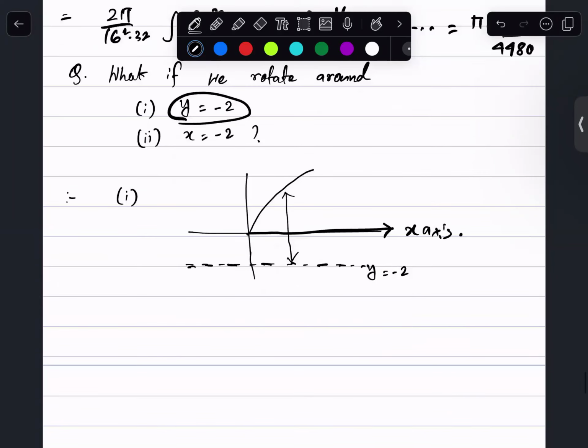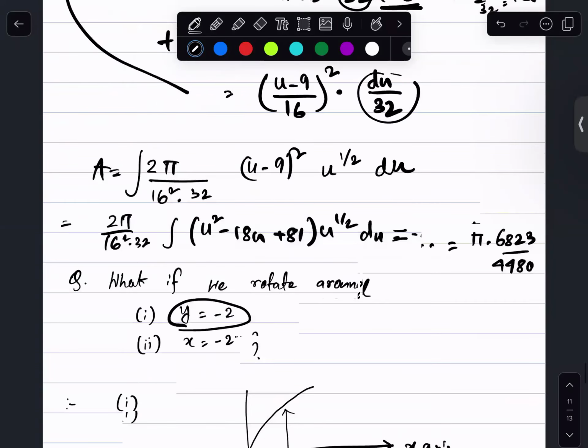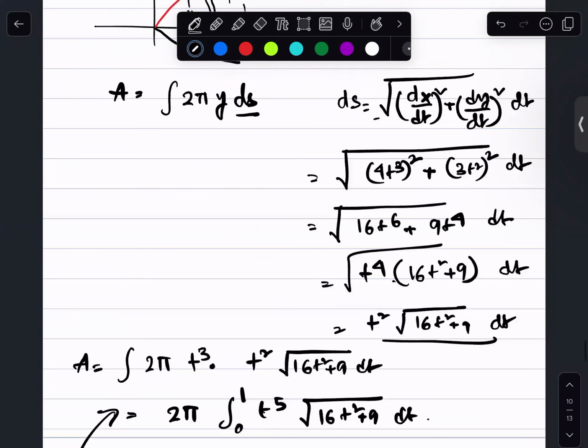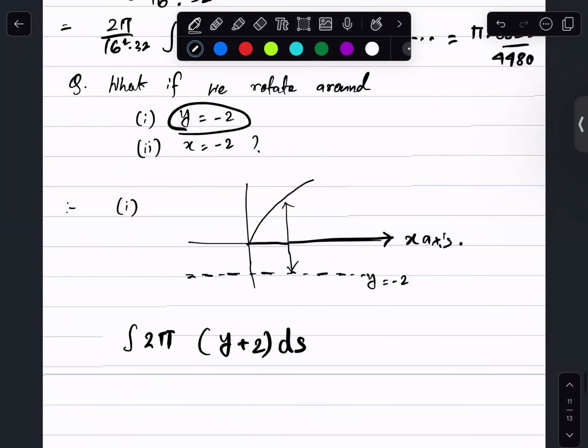Then the curve will be a little bit weird, but the expression for that would be just 2 pi times y plus 2 ds. So when we rotate around the x-axis, the formula will be this, and when we rotate around y equal to minus 2 axis, then our formula will become this.